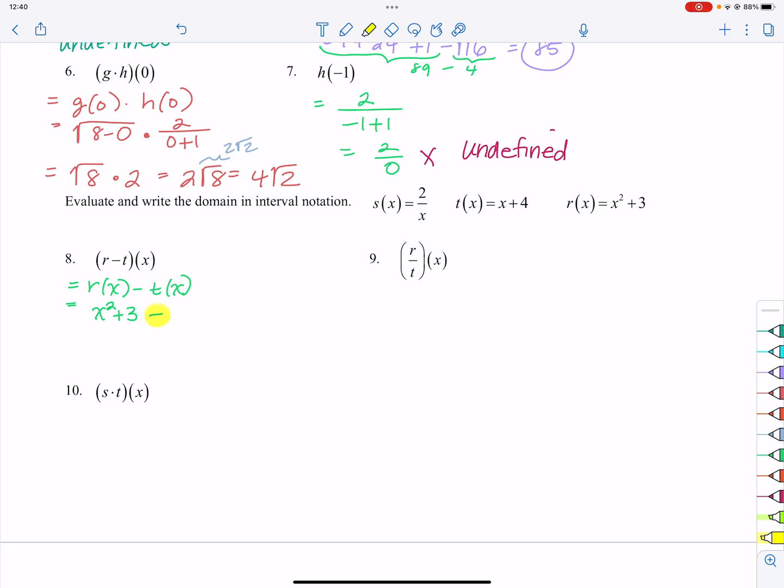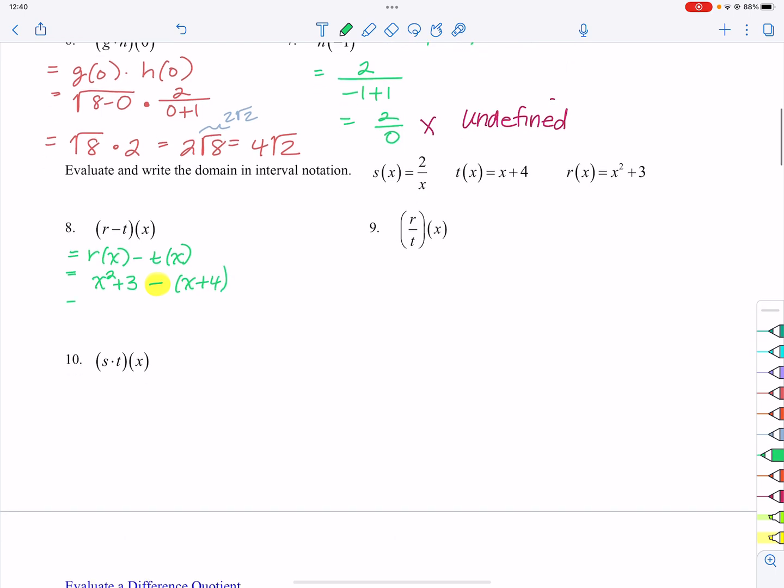And now let's subtract t of x, which is x plus 4. Now we will have to distribute that negative sign because we're subtracting all of t of x, and it's equal to x squared minus x minus 1.